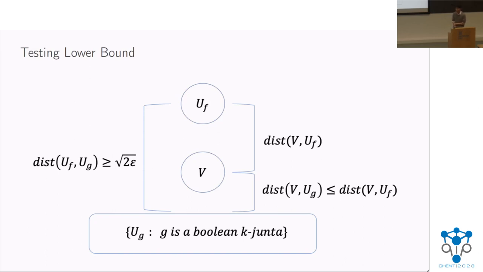Thanks for the talk. I have a question about testing k-Juntas. From my understanding, you consider a situation where you have access to U and U dagger, right? Yeah. And I'm wondering if you only have access to U itself, can you prove some lower bound, upper bound in that situation? Oh, so you're asking about the lower bound and upper bound for the case when you only have U?